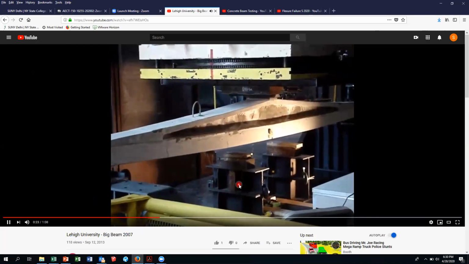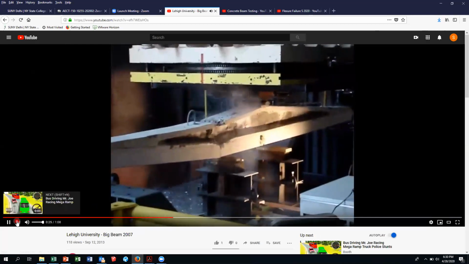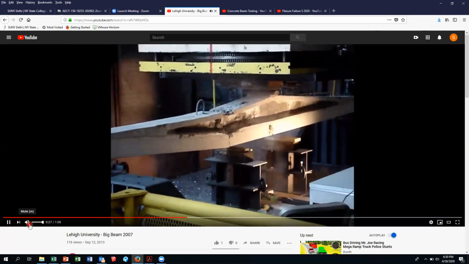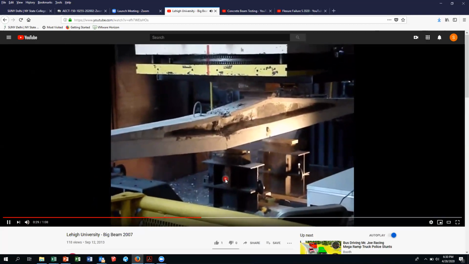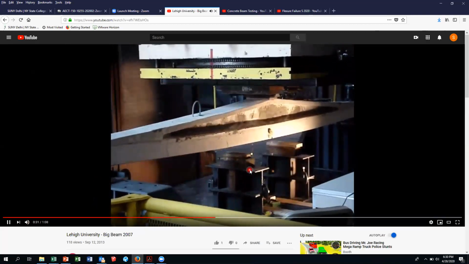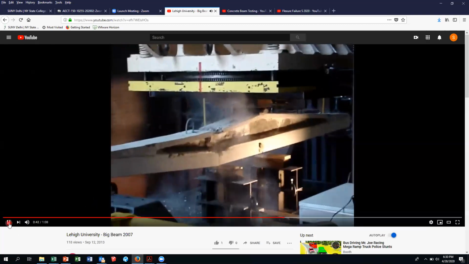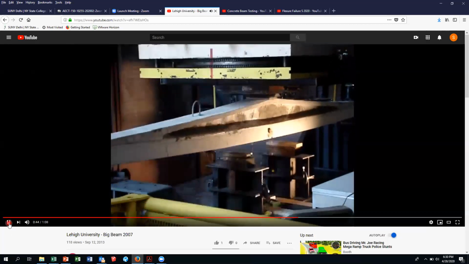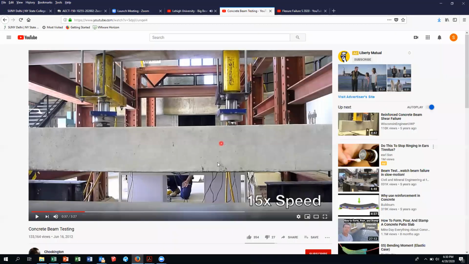Can you hear the sound? Yes. No, that's destruction. So here's a cool, this is quite the beam.